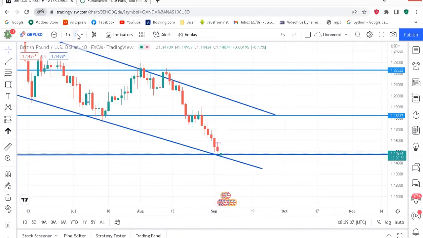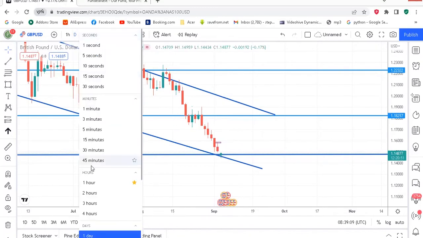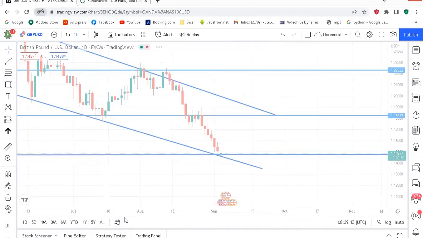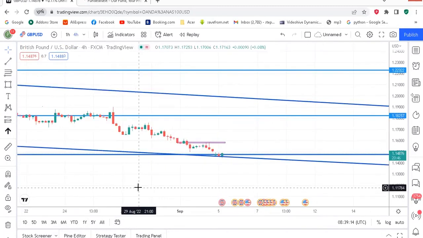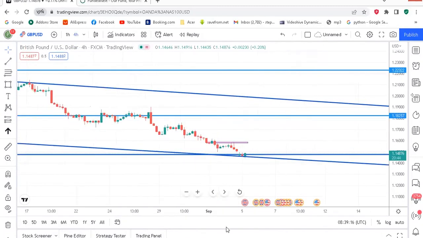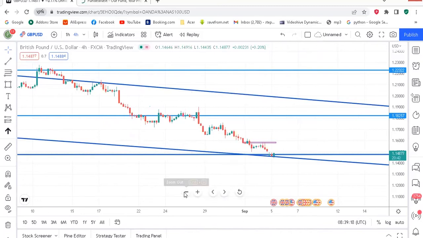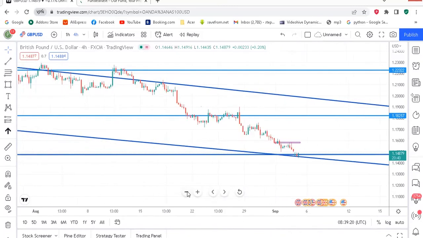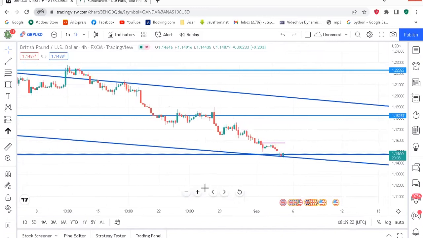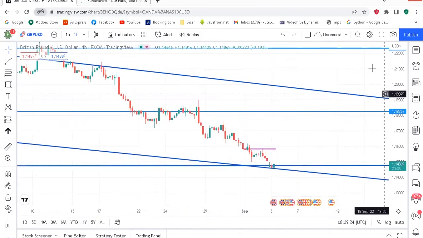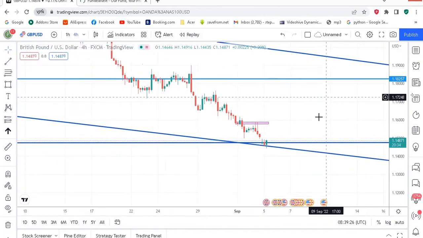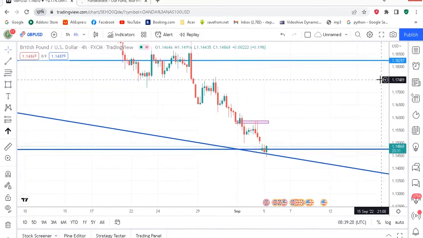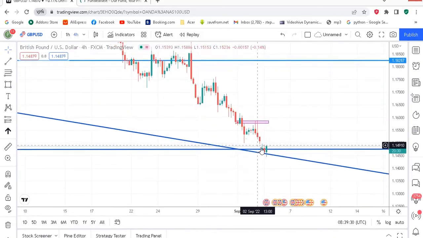So let's break it down to 1 hour. Actually, let's go on 4 hours first before we go on an hour. So here we can see they actually opened lower today.